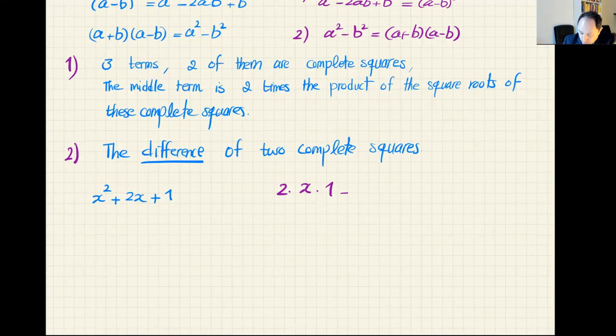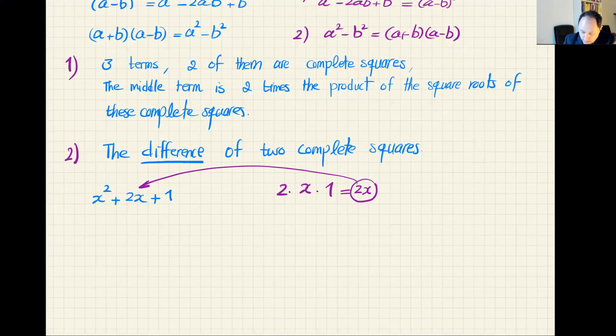The answer is 2x, and this 2x is exactly the middle term. So everything is according to the pattern. I have 3 terms, 2 complete squares, and the middle term has exactly the same property. So yes, this is a squaring pattern.